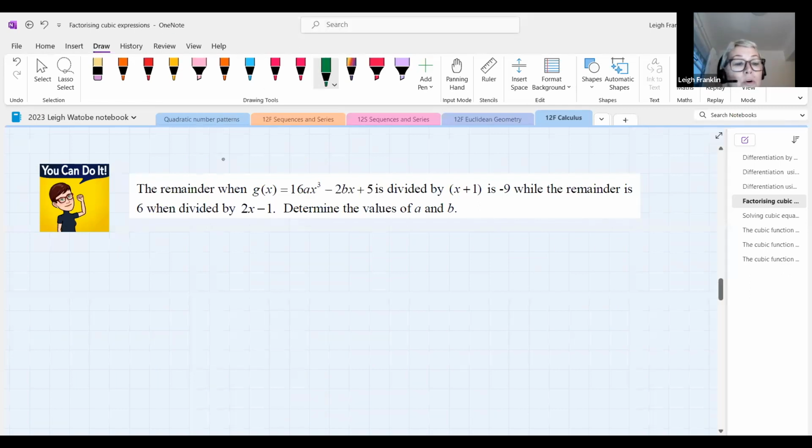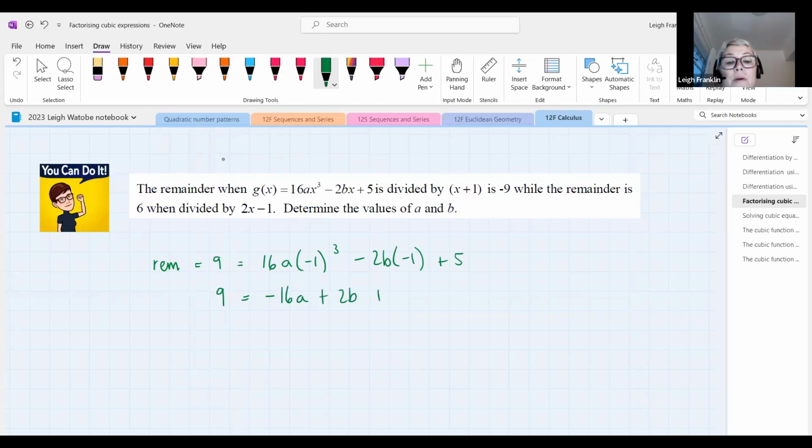We know that the remainder is -9 when we sub in negative 1. So 16a times negative 1 cubed minus 2b times negative 1 plus 5. What we can do is tidy that up a little bit. So -9 would be equal to negative 16a plus 2b plus 5.